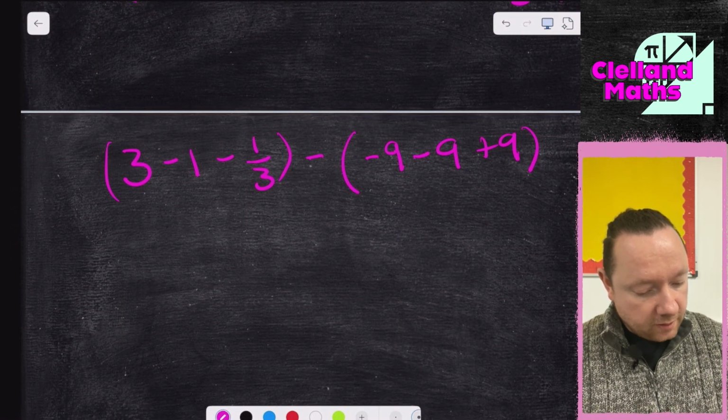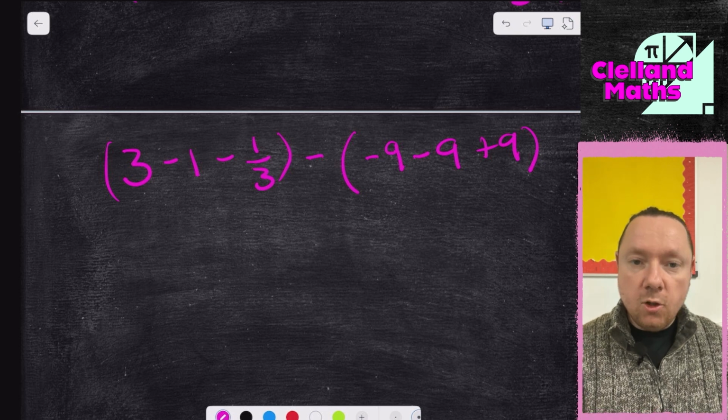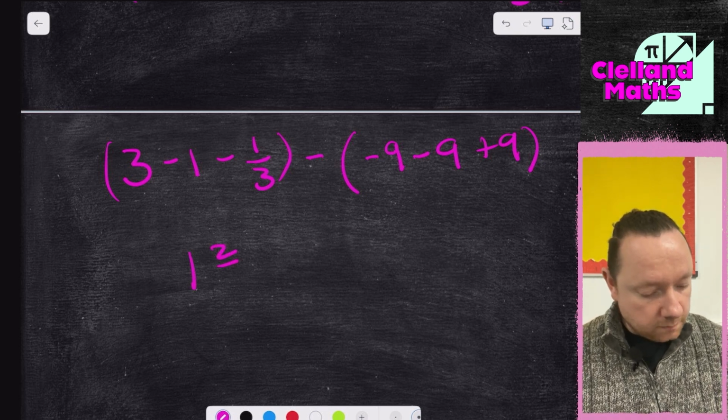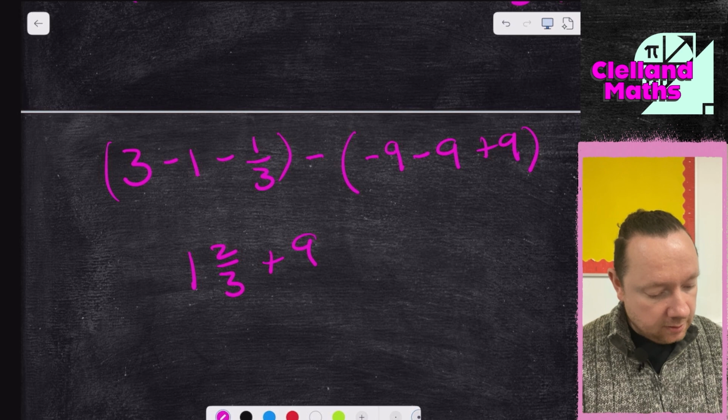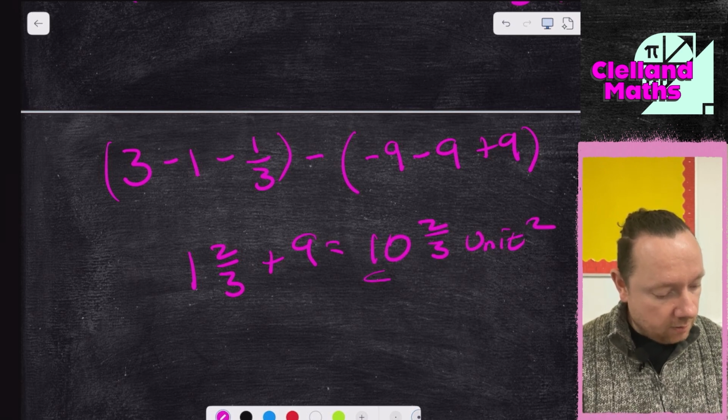That gives me 3 minus 1 is 2, 2 minus a third is 1 and 2/3. 9 minus 9 is 0, and then I've got another minus 9. So minus minus 9 is plus 9, which is 10 and 2/3 units squared, and we're done there.